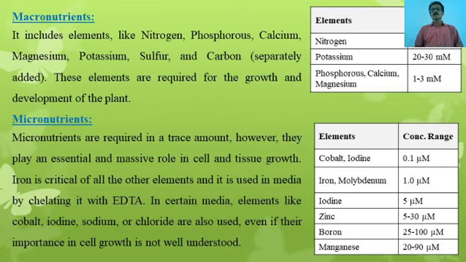Iodine should be 5 micromolar, zinc should be 5 to 30 micromolar, boron should be 25 to 100 micromolar, and manganese should be 20 to 90 micromolar. These are the standard values, and in between these you can take. As the name indicates, macro requires mostly millimolar concentration, while in micro you have to add micromolar concentration.